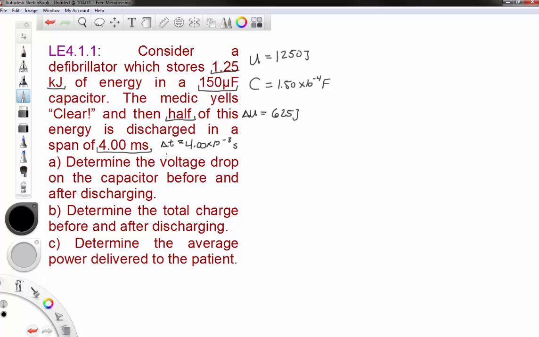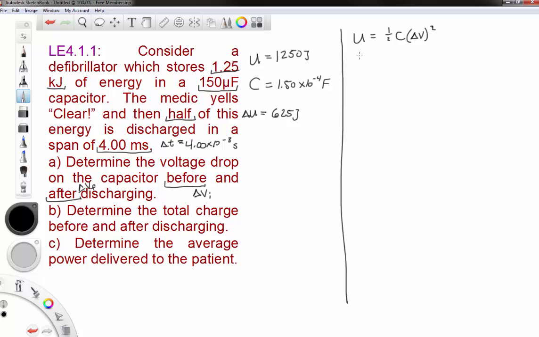So the first thing that we're asked is to determine the voltage drop on the capacitor before and after discharging. So we'll label that as delta V initial and delta V final. Alright, so as you know, U is equal to 1/2 times the capacitance times the voltage drop squared.